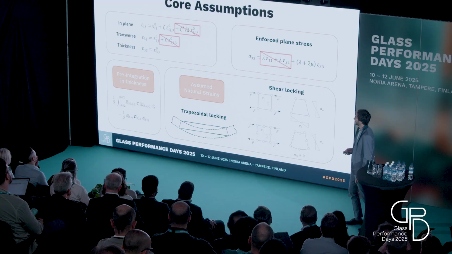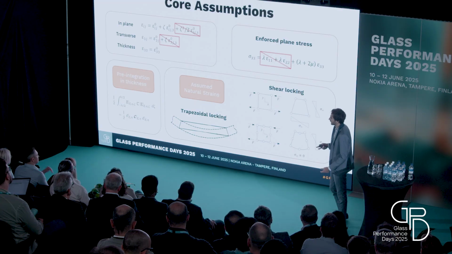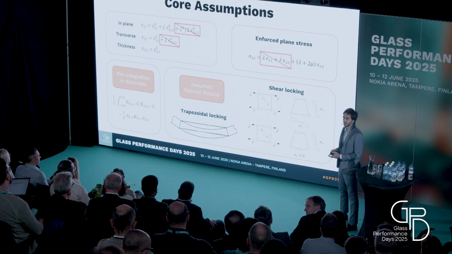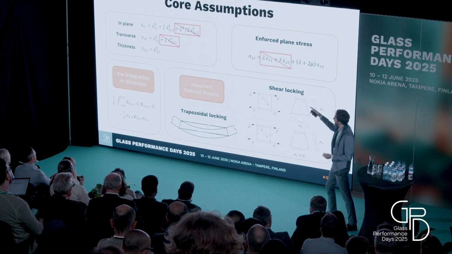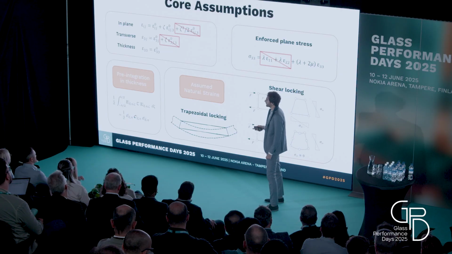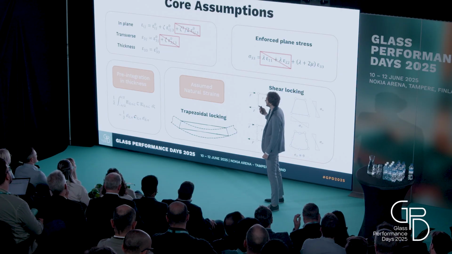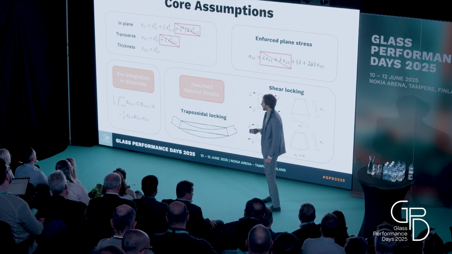For example, our element is a trilinear element, and we have three strains. The in-plane strain is quadratic in the thickness direction, the transverse strain is linear, and the thickness strain is constant.